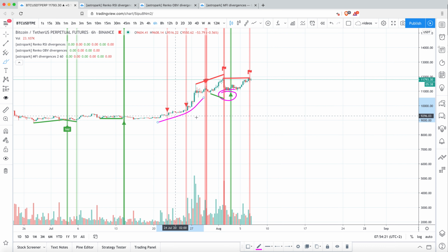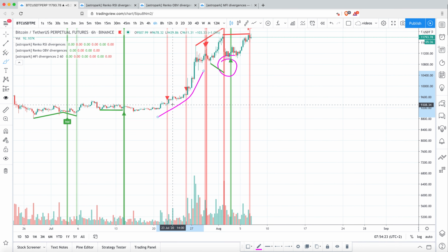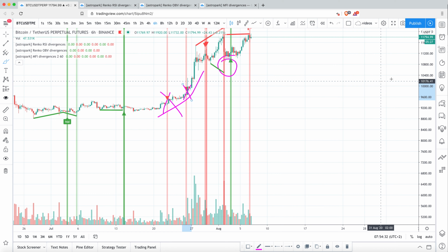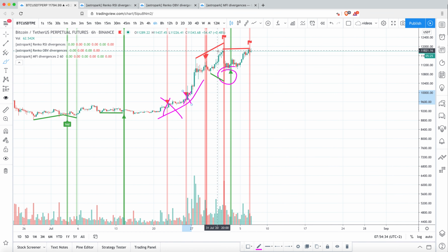If your price continues growing and you have a close above, of course this is not valid anymore like this. This was the final one, the bigger one. Now we are having the same, for example. Let's see, maybe it should retrace at least a little.